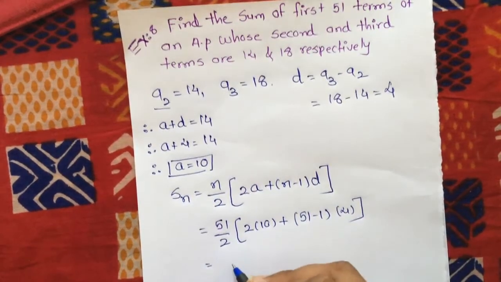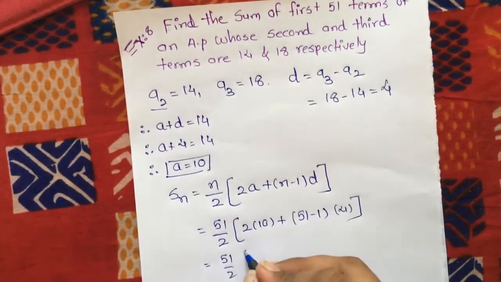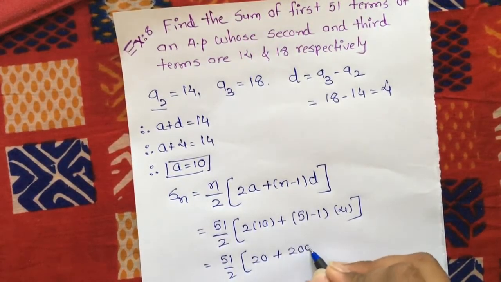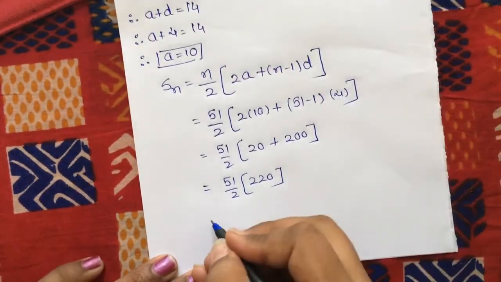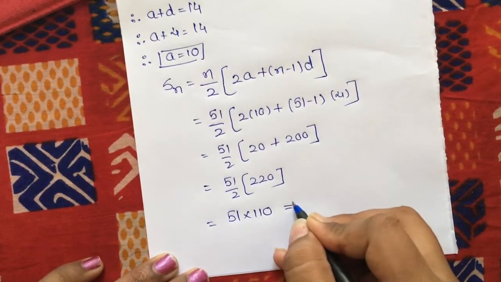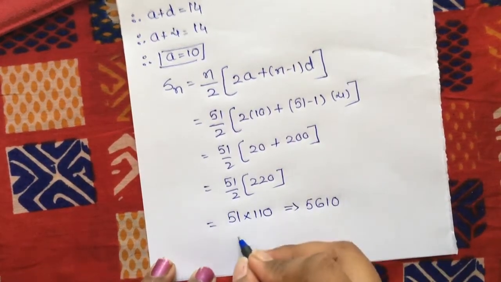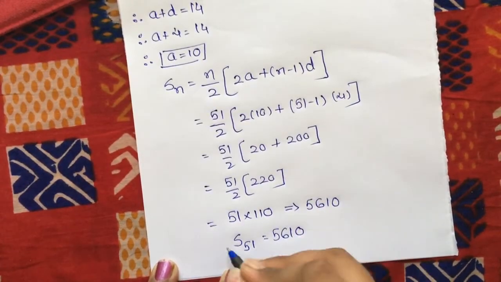So this is 51 divided by 2 into 2 into 10, that is 20, plus 50 into 4, that is 200. So this is 51 divided by 2 into 220. Okay, so we are having 51 into 110 and the answer will be 5610. So S51 will be 5610.